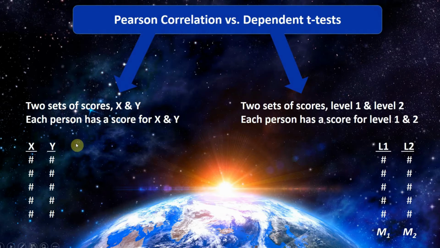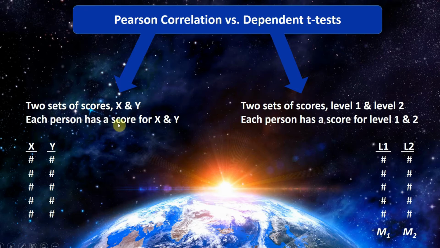If you're doing simple correlation, that means you're going to have two sets of scores. You're going to have a set of scores for X and for Y. So you have your X scores here and your Y scores over on this side.